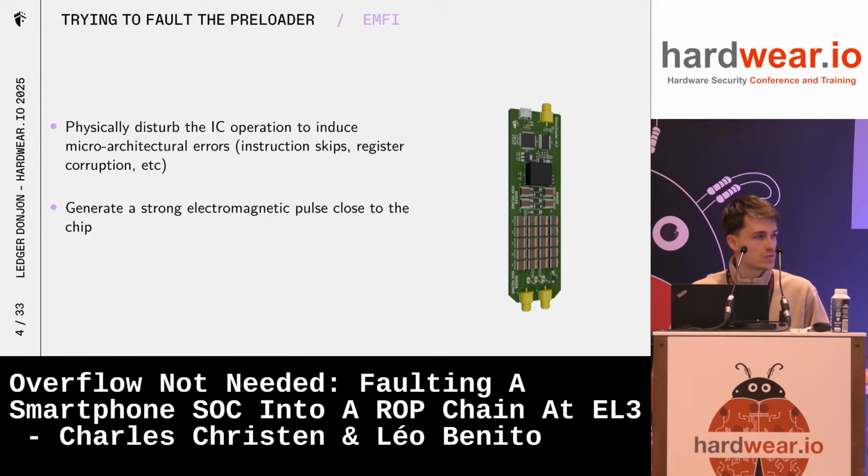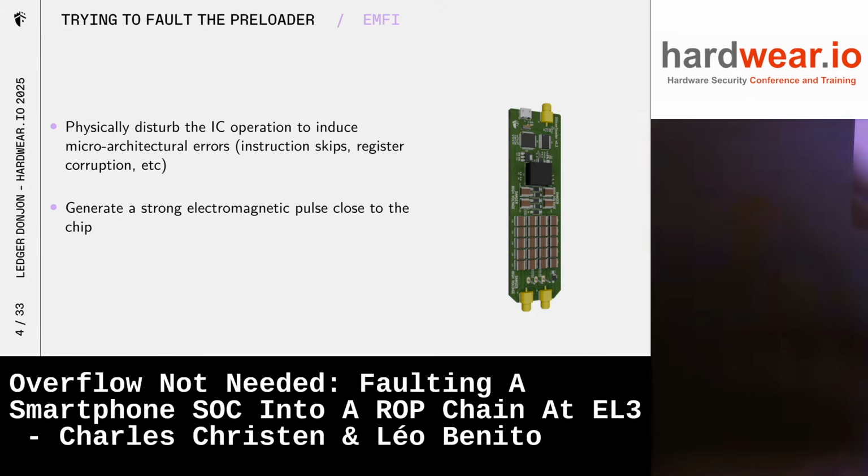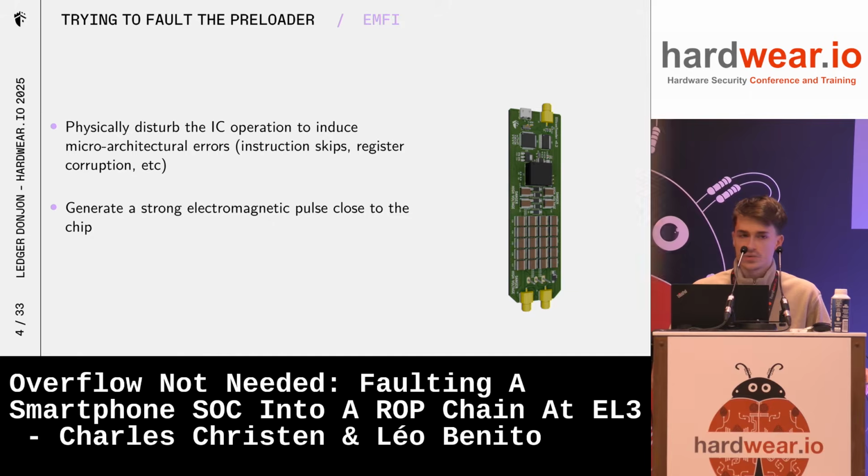There are multiple ways to inject faults. For this research, we picked EMFI, which is electromagnetic fault injection. How this works is that by running a strong current in a coil above a chip, an electromagnetic field is generated, which hopefully disturbs the IC operation. The board that you can see on the right is called the Silicon Toaster.